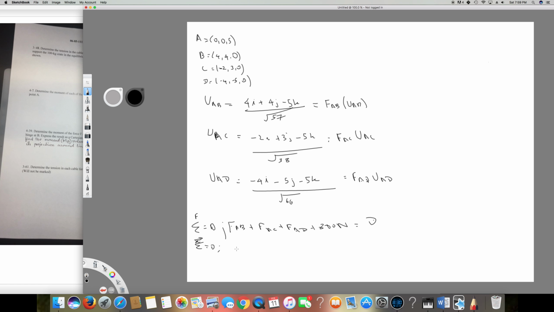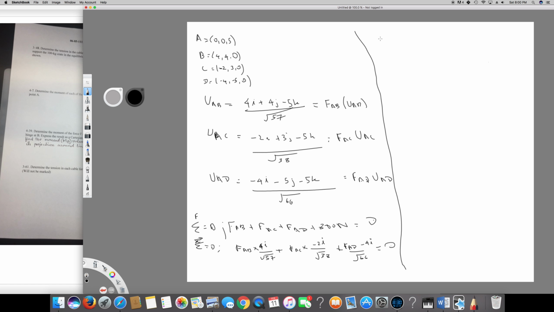For the first one, FAB times 4i over square root of 57, plus the second one, FAC times negative 2i over square root of 38, and the third one is FAD times negative 4i over square root of 66. So this is equal to 0.